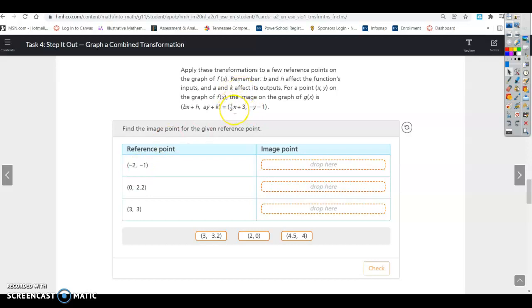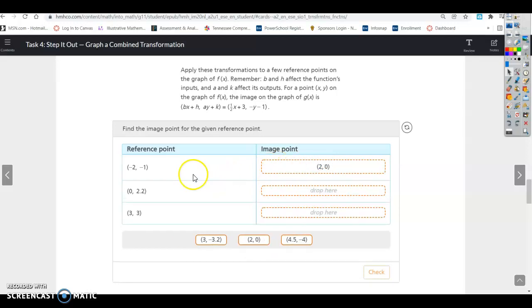So if I do half of -2, half of -2 is -1. -1 plus 3 is 2. So if I look down here, it's going to be 2, 0. And I can check my Y value by plugging -1 in. Negative of -1 is plus 1. 1 minus 1 is 0. So that works out. All right, let's see what our next point is. Let's take 0 and plug it in.